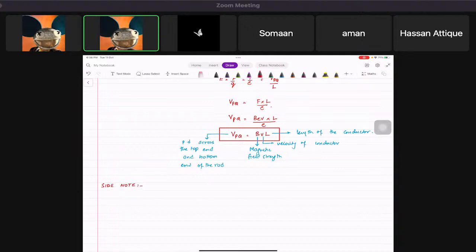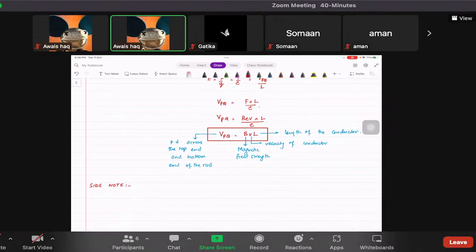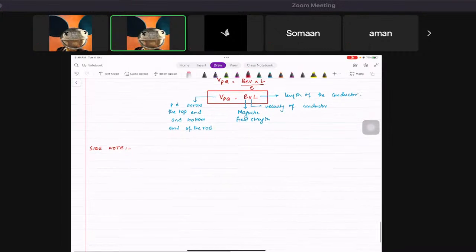We're going to talk about the motor in general, and then we're going to talk about the generator. So for a motor, remember that the force is given by BIL. That's the formula, and that's basically represents Fleming's left hand rule.